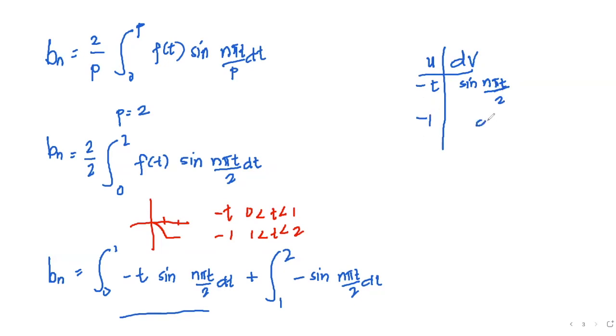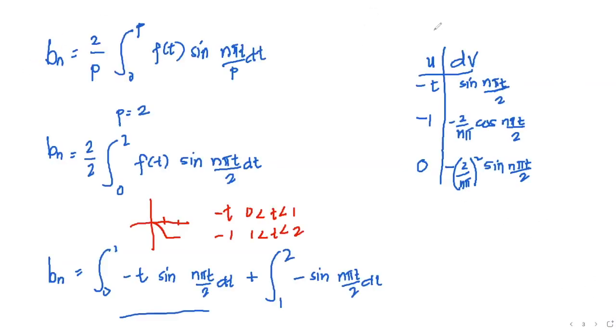Differentiating negative t gives negative 1. Integrating sine of n pi t over 2 gives negative cosine of n pi t over 2 times the neutralizing factor of 2 over n pi. Finally, you integrate for the last time, because the derivative that you have seen on the left column is 0.